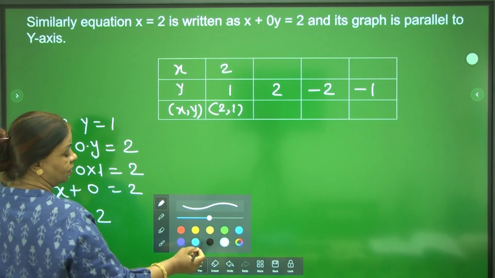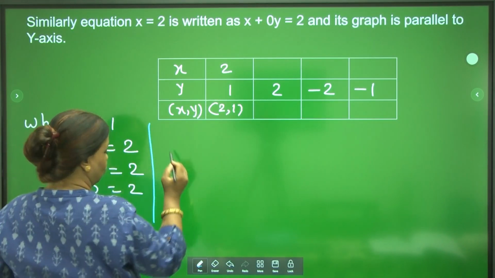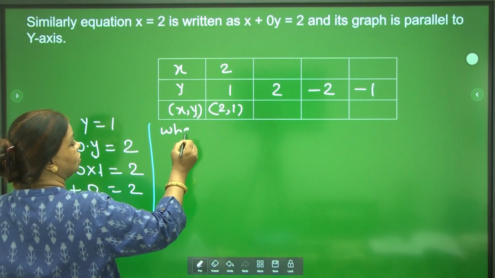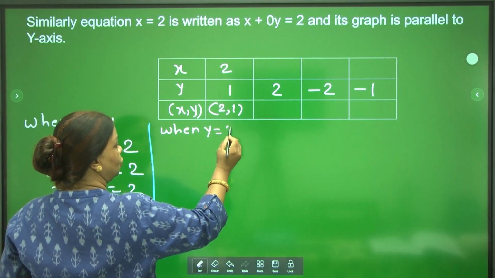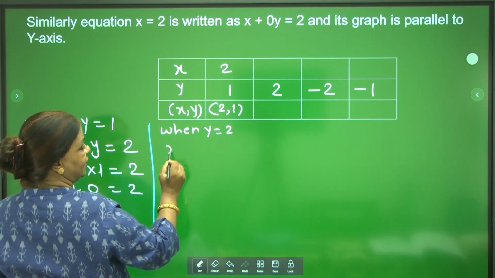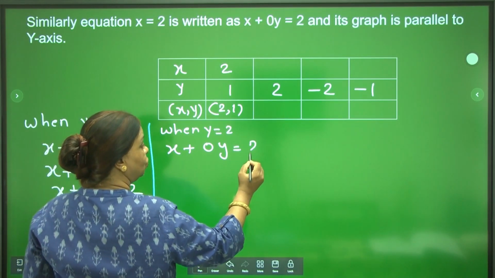So when y is equal to 2, what will be your x value? Your equation is x plus 0y is equal to 2.